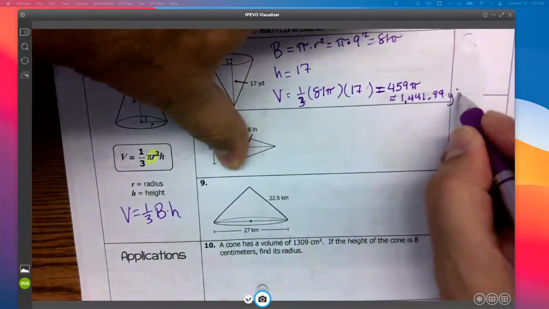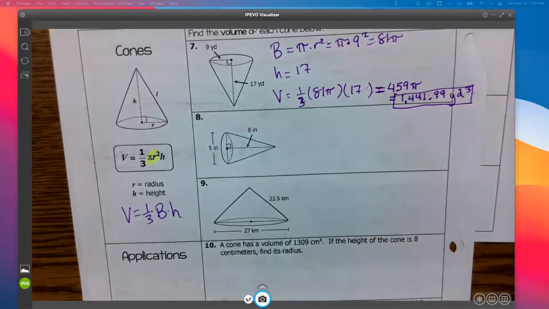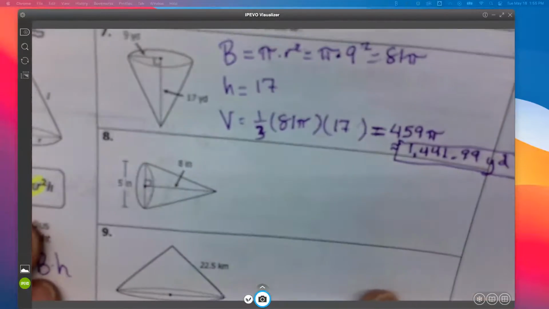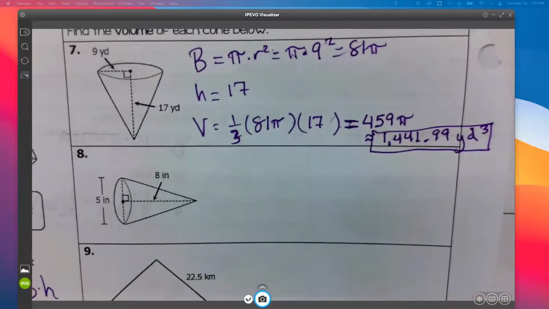Good. Any questions on finding volumes of pyramids or cones?